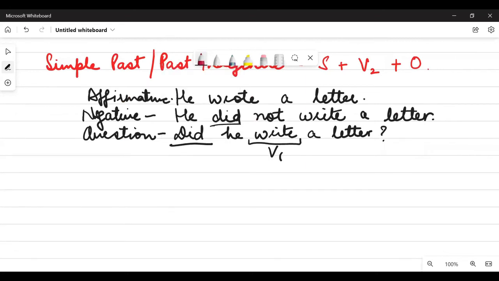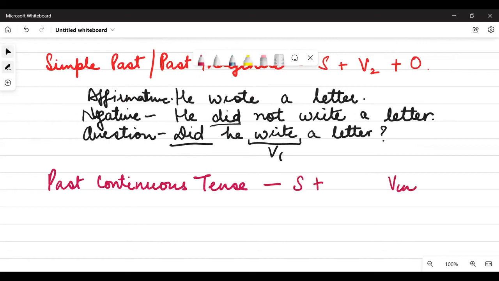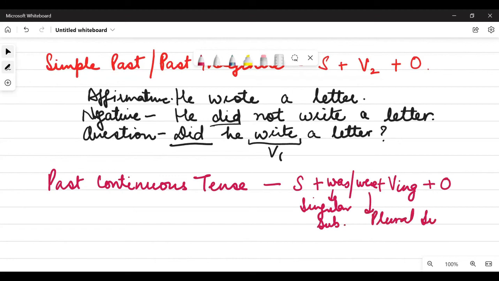Now, second is past continuous tense. For past continuous, I told you whenever it is continuous, we always use ing form of verb with it. So when it is past, we'll be using was or were. Was comes with singular subjects, and were comes with plural subjects.